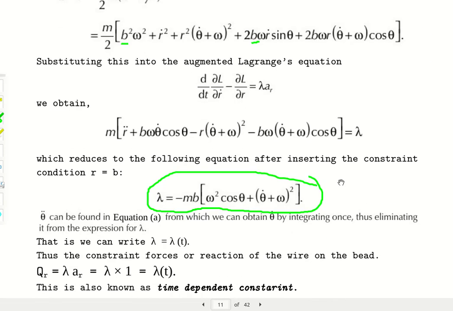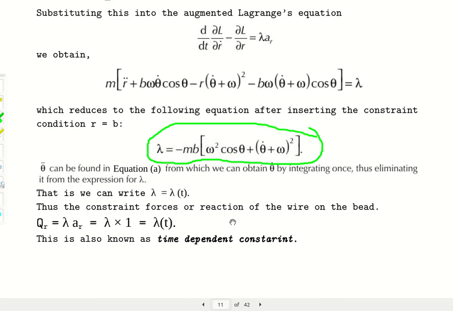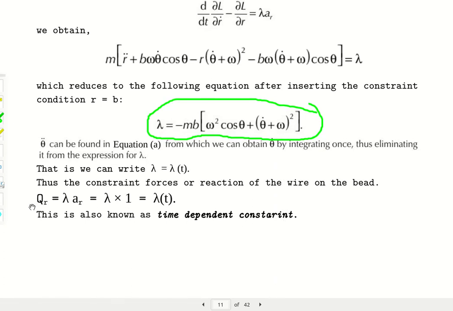So theta is a function of time, so lambda is also a function of time. That is, the constraint is dependent on time, so it is an example of rheonomic constraint. So the constraint force is equal to lambda into AR, that is lambda into 1, which is lambda. So lambda itself is the force of constraint.